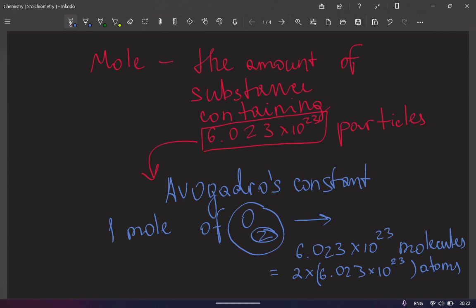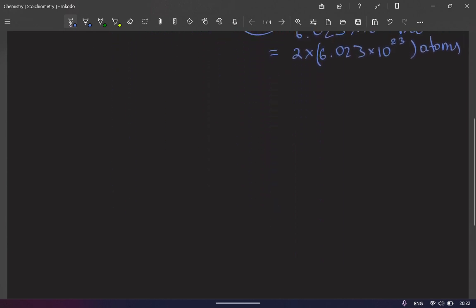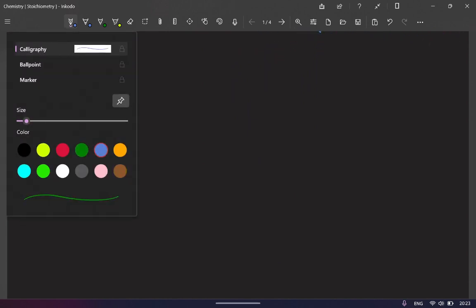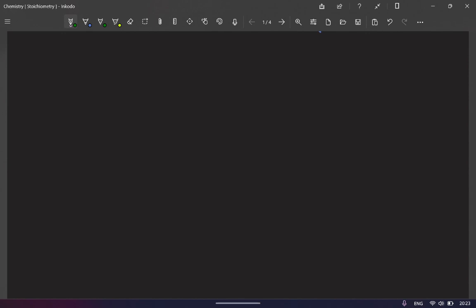Now let's talk about one of the key formulas we have in AS level stoichiometry that is used in most of the questions, both in paper 1 and paper 2. It's the formula of moles: number of moles is equal to mass divided by molar mass.